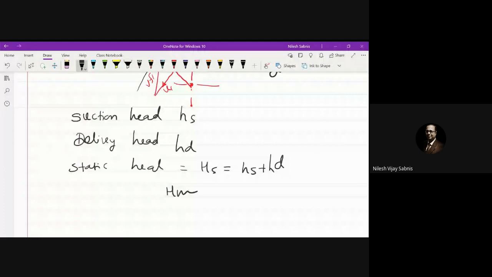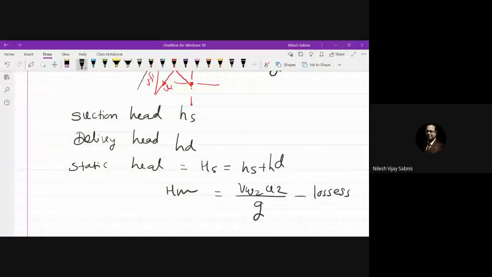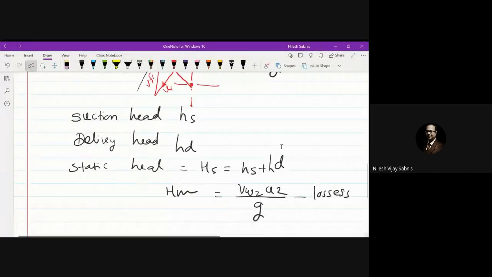It is nothing but VW2 U2 by g, the work done it has to do, minus losses.